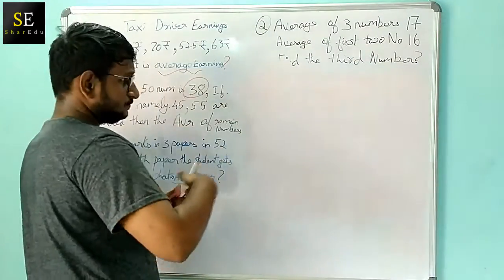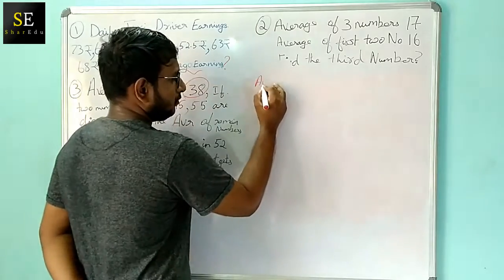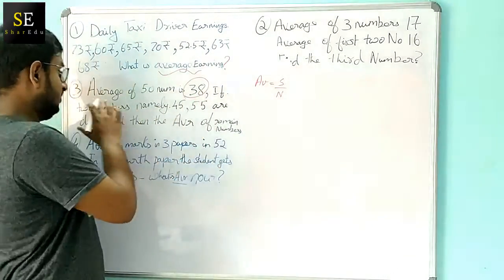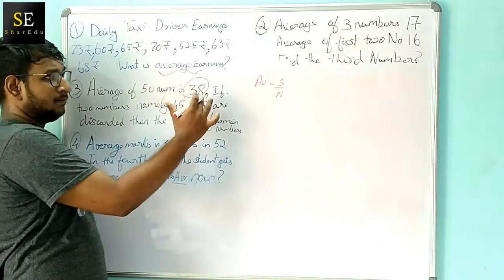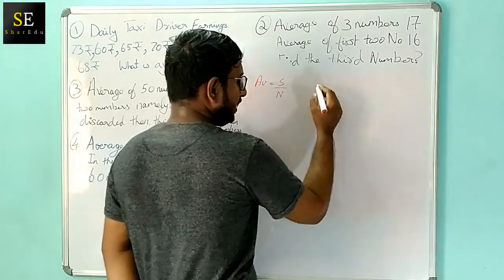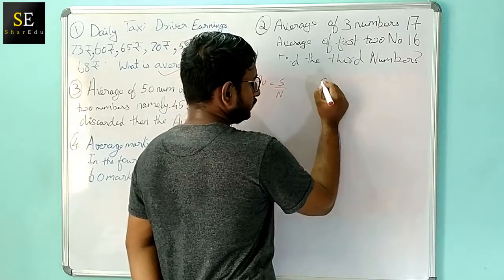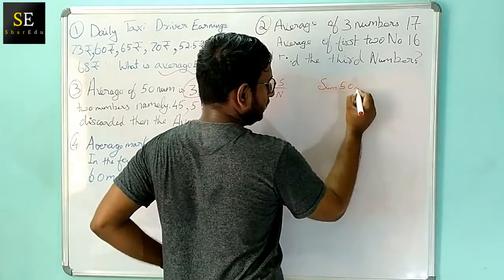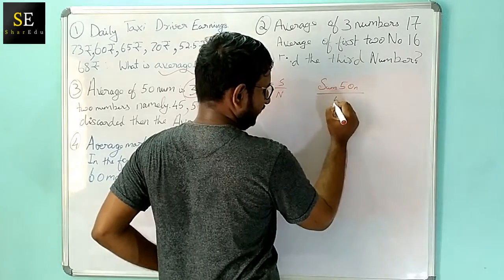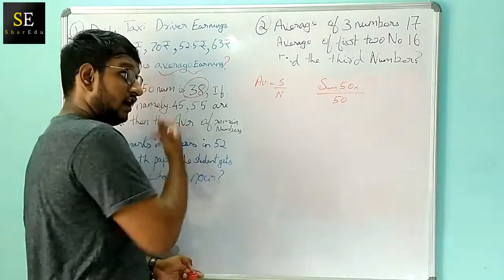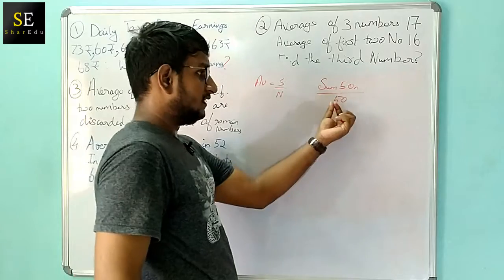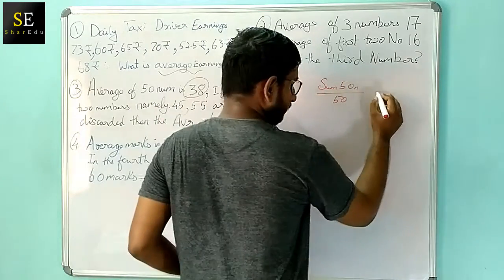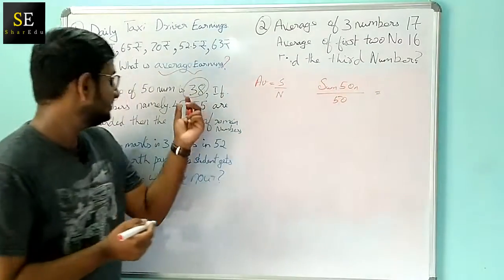So first, let's start with the formula. Average is equal to sum by numbers. Now they have given that the average of 50 numbers is 38. So the sum of 50 numbers divided by 50 gives the average, where the average is 38.